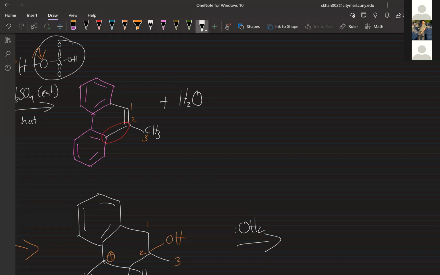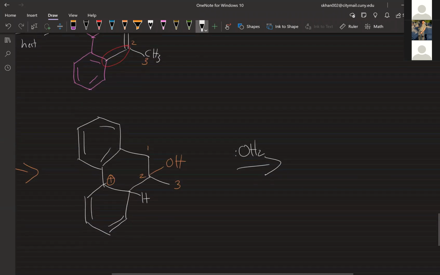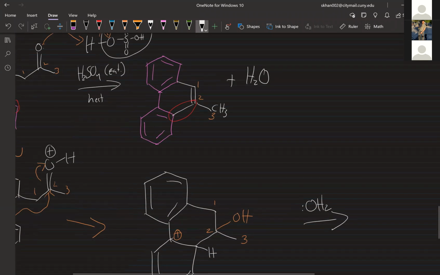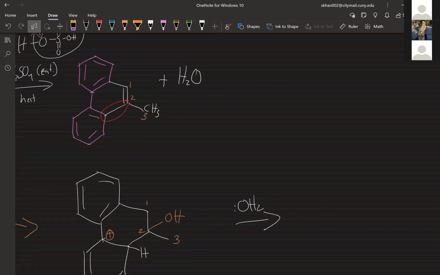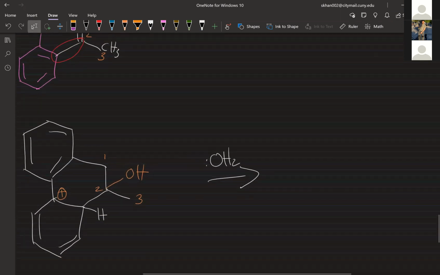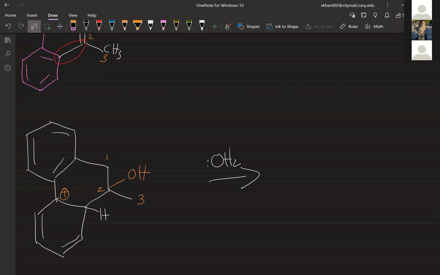I'm just so used to using H plus in water, because H2SO4 will not exist in a non-aqueous solution. It's always going to be aqueous. But if you want to, you could probably use HSO4 minus. Doesn't matter. I'm also confused because in the textbook, they use just H plus in water, even though you have SO4. Yeah, because you know what? For consistency's sake, I will go ahead and use that.